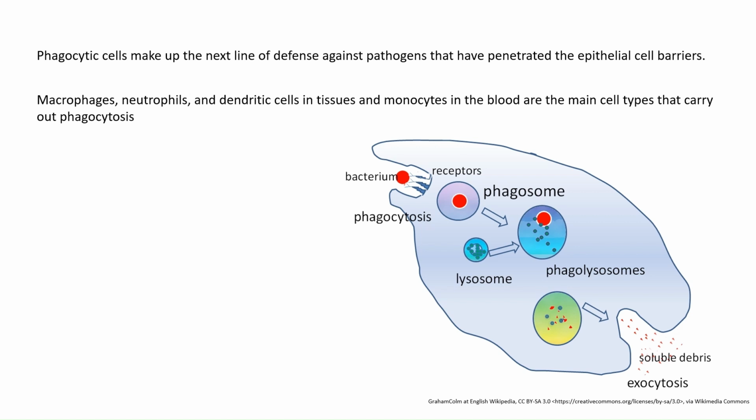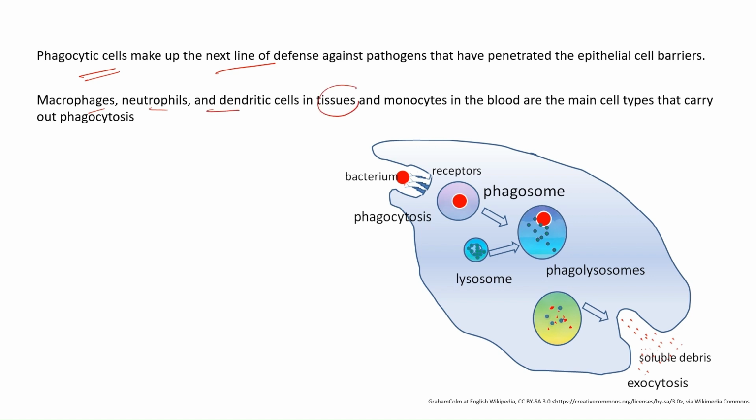So similarly, for the next line of defense, that means if any pathogens somehow manage to pass the first line of defense and enter our body, then they will be stopped by the next line of defense, that are phagocytic cells that are found in our body. Now, the major phagocytic cells are macrophages, neutrophils, and dendritic cells.